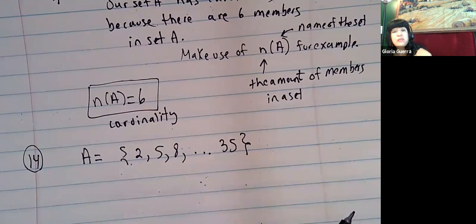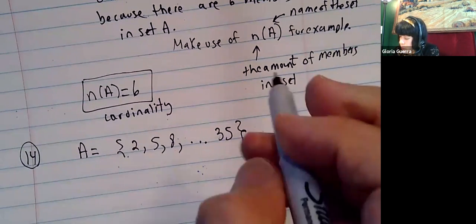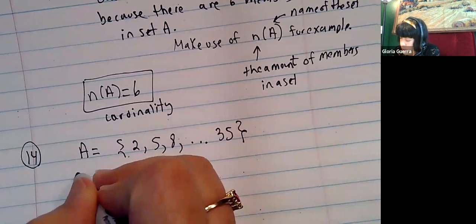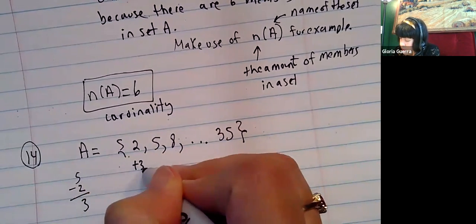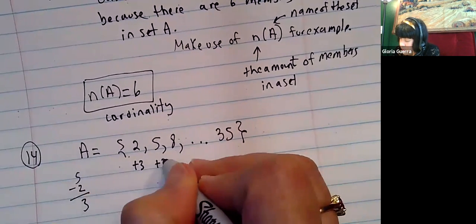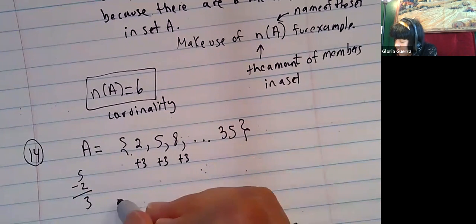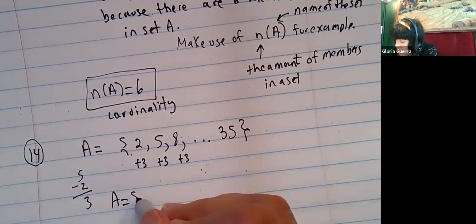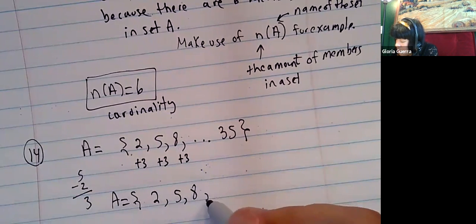Number 13 didn't, but this one does. So we're going to have to do some work on that. So if I do 5 minus 2, that's 3. So 2 plus 3 is 5. 5 plus 3 is 8. 8 plus 3 is 11. You do have to show some work for this.